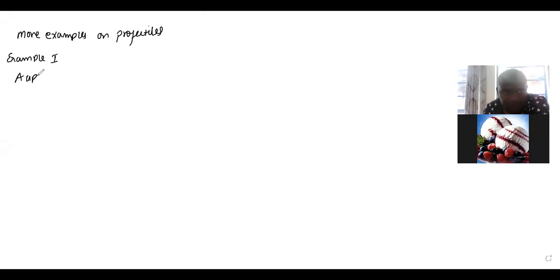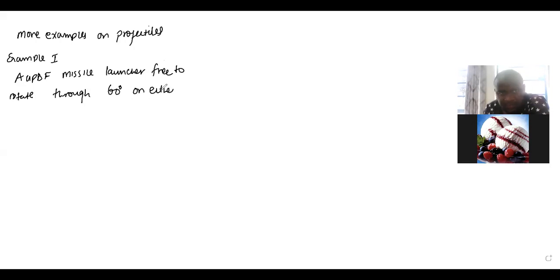A UPDF missile launcher, free to rotate through 60 degrees on either side of the horizontal line.